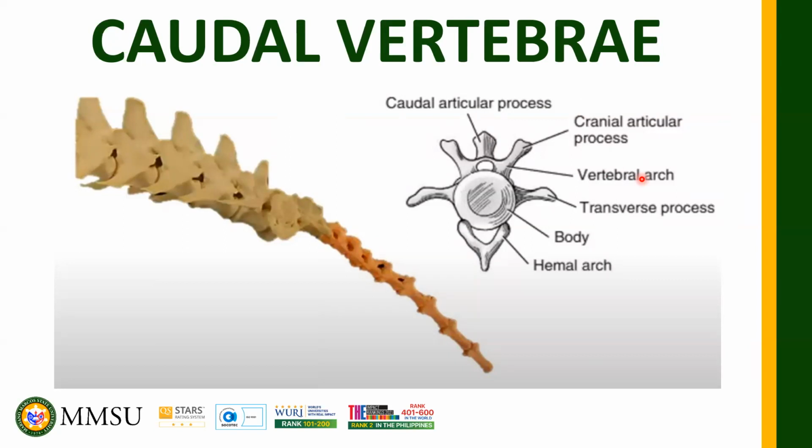So meaning to say yung caudal vertebrae, it's more on tail movement and balance. So meron tayo dito yung caudal articular process and then the cranial articular process or what we call as zygapophyses. Okay? So eto naman, usually they are paired na structures on the cranial and caudal aspect of each caudal vertebra.